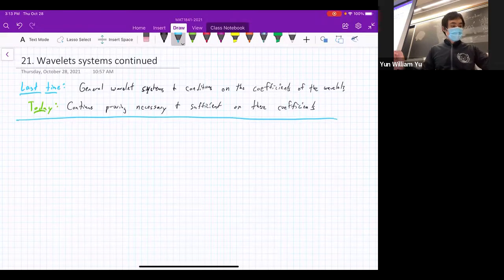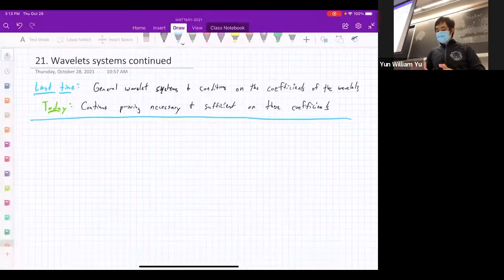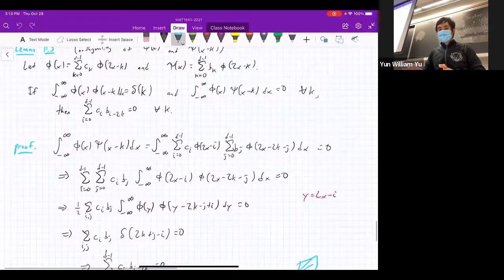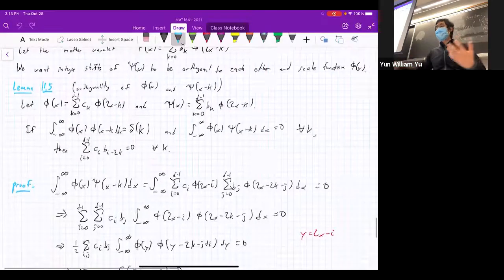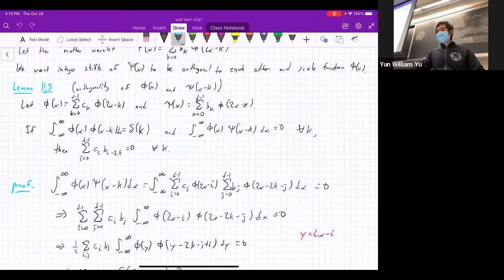Let's just briefly review what we did last time. Last time we stopped by showing that the orthogonality of phi of x and psi of x minus k guaranteed some conditions on these coefficients ci. So the shifted product of the ci coefficients with our bi coefficients, that is for the wavelet versus the scale function, has to sum up to 0.